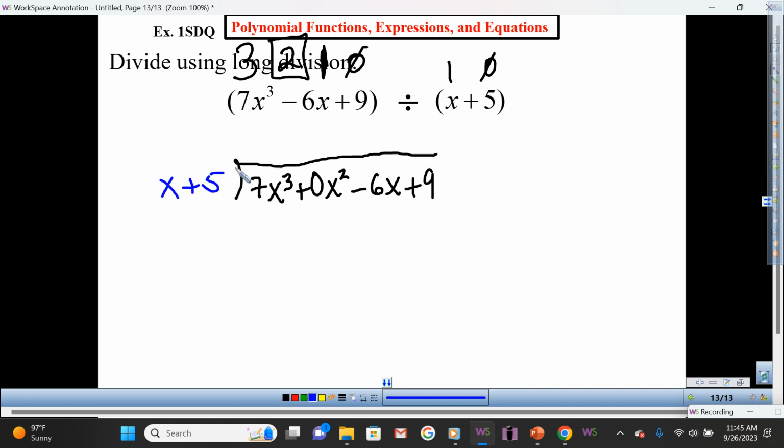X plus 5. So before I move on, tell your neighbor what not to forget about these types of problems. Don't forget to what? I'm going to put a little asterisk, a heart. Tell your neighbor, don't forget what?